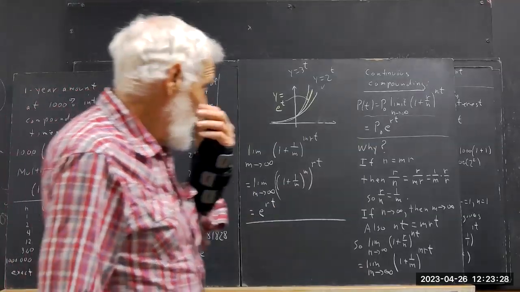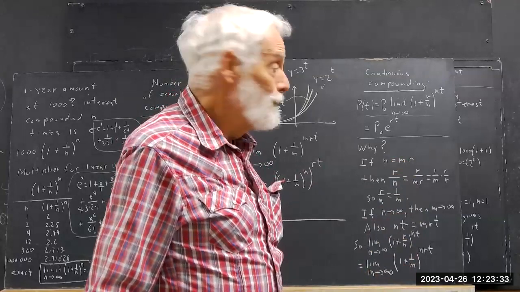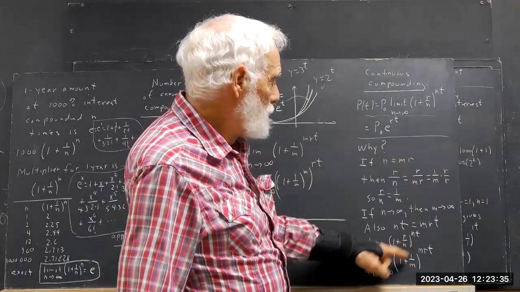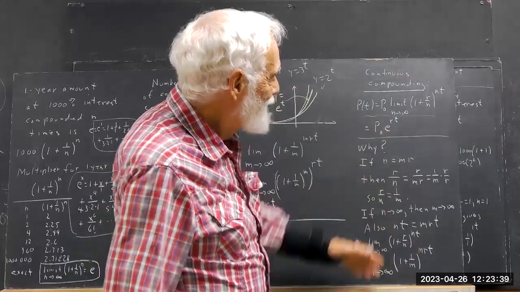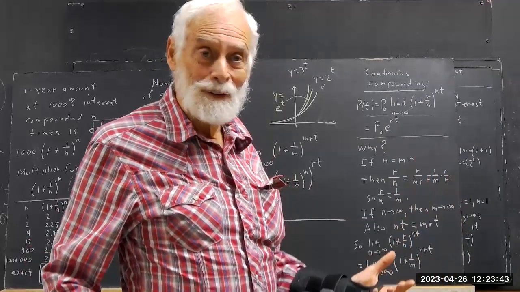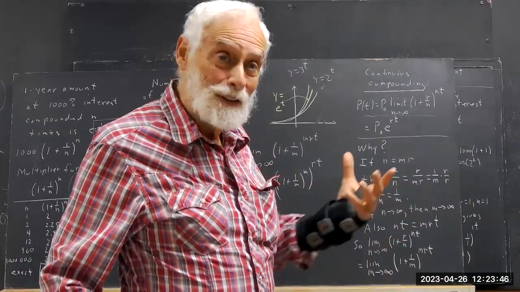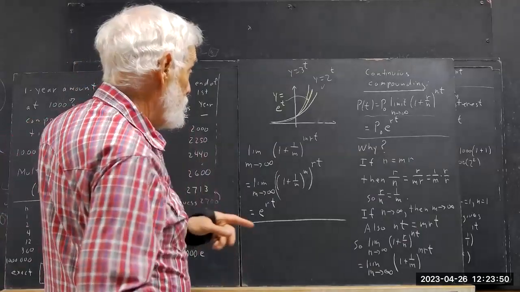Now, how would we think of letting n equal mr? Well, it's because I want to get a 1 plus 1 over m to the m. You wouldn't necessarily think of that, although with a little more mathematics behind you, I think you might. All right, well, anyhow.